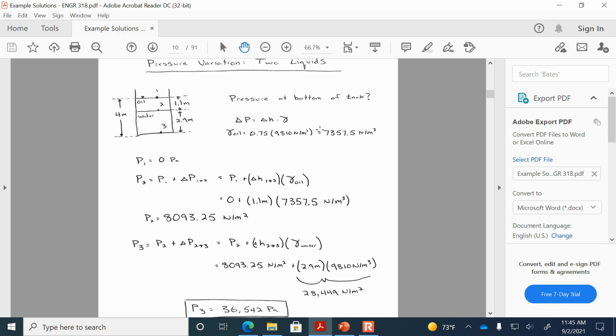So I'm going to call this location 1, this location 2, and the bottom of the tank is location 3. Pressure at location 1 is 0 pascals. Air pressure equals liquid pressure at the interface.